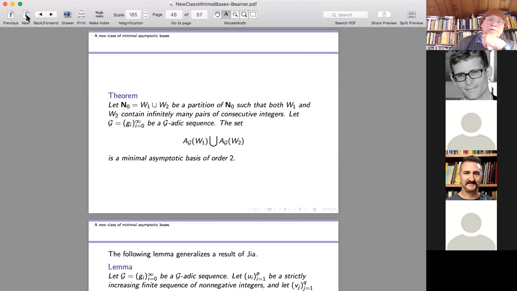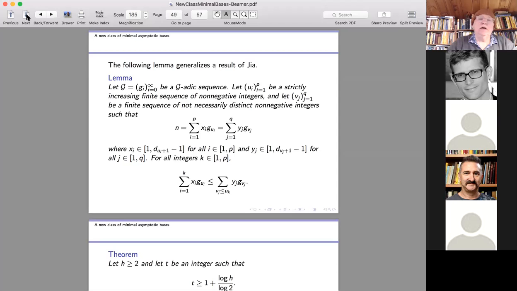And we want to extend this a little bit. I mentioned that lemma where you have sums of distinct powers of 2 equal to sums of not necessarily distinct powers of 2, and you can partition the powers of 2 on the right to give you each power of 2 on the left. That's not true for arbitrary g.